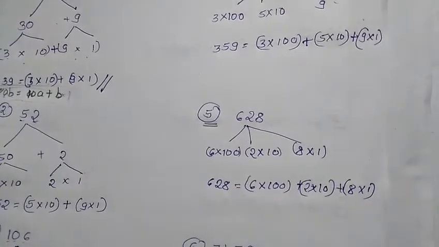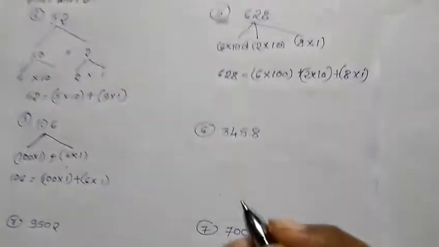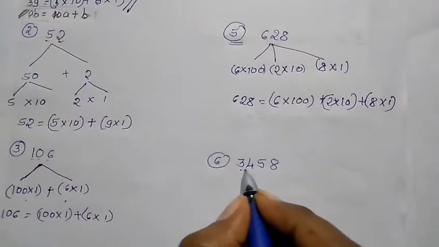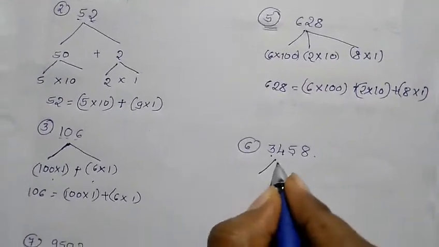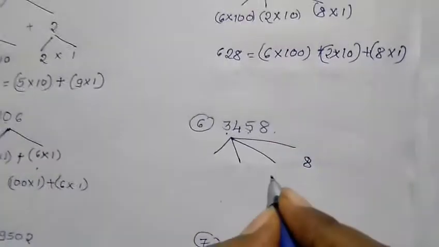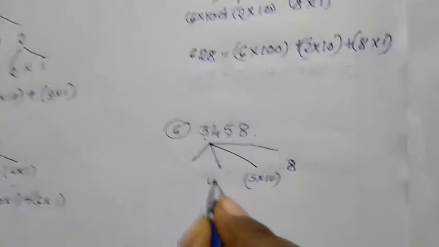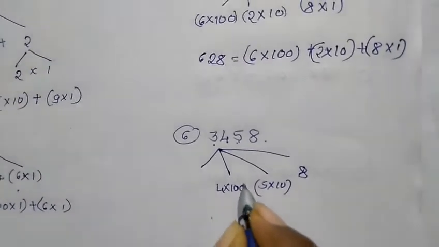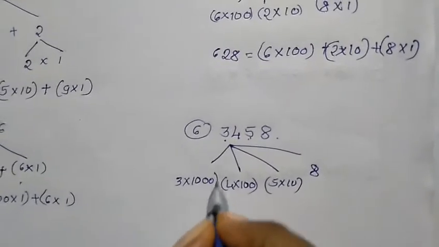So now it is the sixth problem, 3458. Unit place is 8. 10 place is 5 into 10. 100 place is 4 into 100. 1000 place is 3 into 1000.